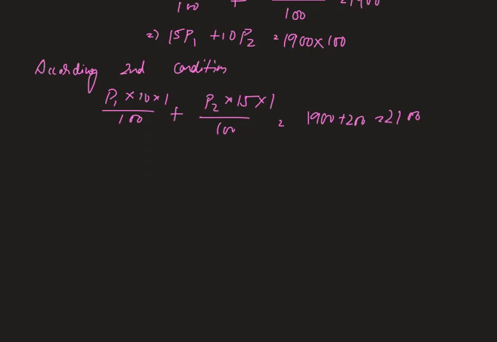Therefore, we have two equations. The first is 15P1 plus 10P2 equals 1900 times 100, and the second is 10P1 plus 15P2 is equal to 2100 times 100.